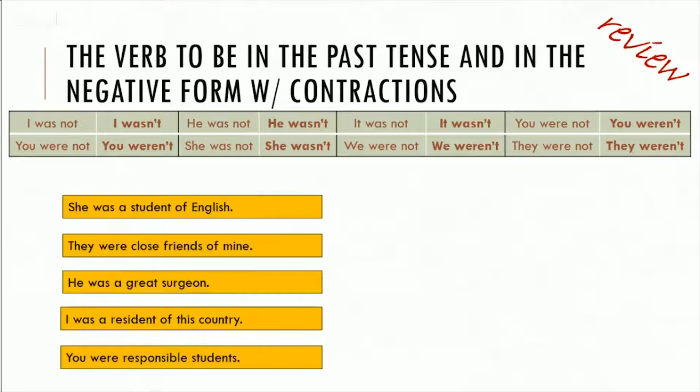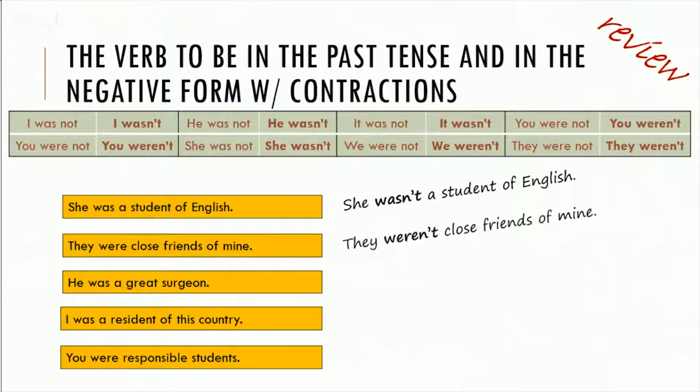All right. So then I gave you the 5 sentences again, and then I gave you the 5 sentences in the past with the negative form and a contraction, right? So I'll give those to you again. The first one was, she wasn't a student of English.